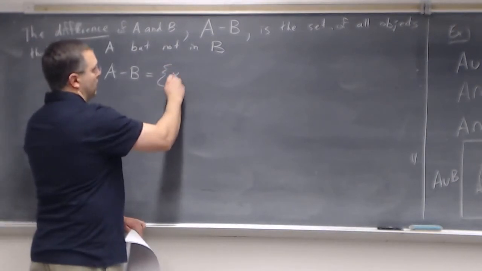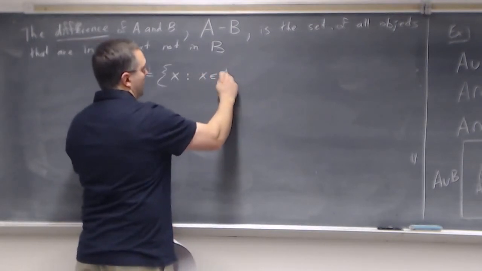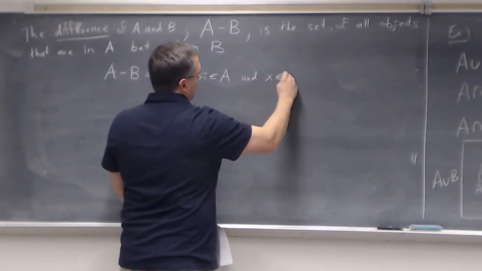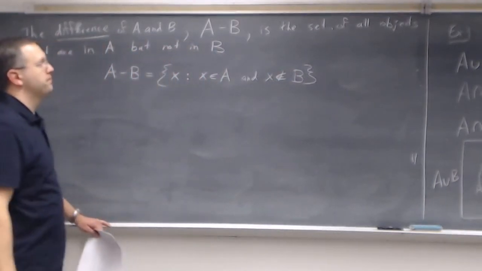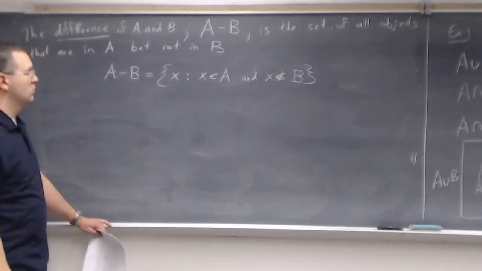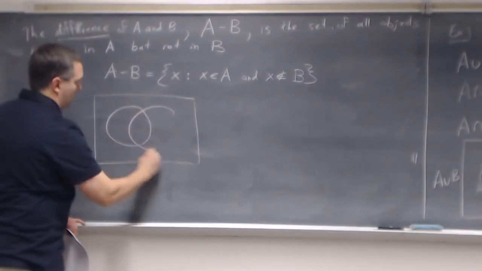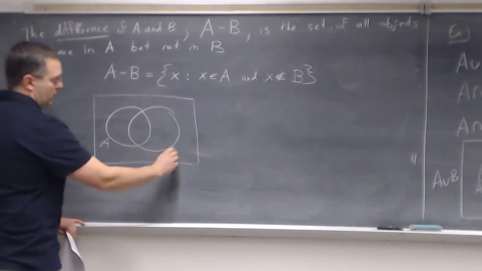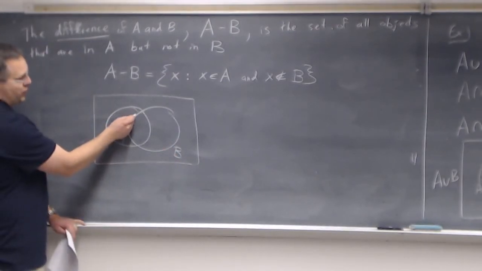So it's the set of all x such that x is in A and x is not in B. So this is A, this is B. Talking about this kind of moon-shaped piece here.